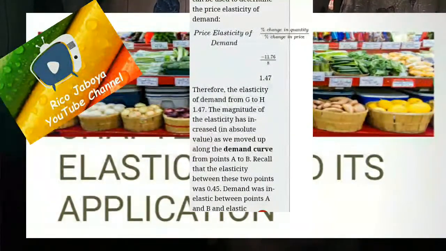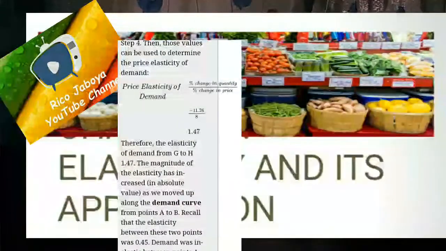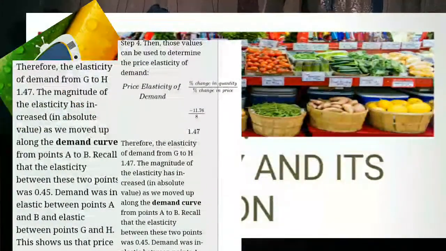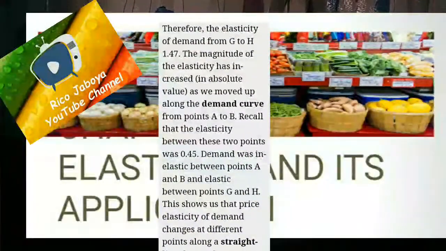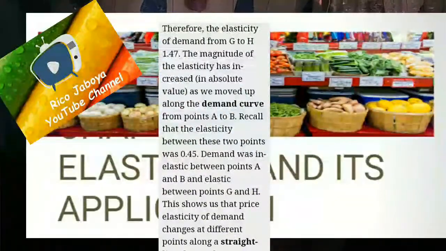And elastic naman po for points G to H. Okay? Alright. Here. Okay. With the 1.47, the magnitude of the elasticity has increased in absolute value habang pumapataas po tayo.